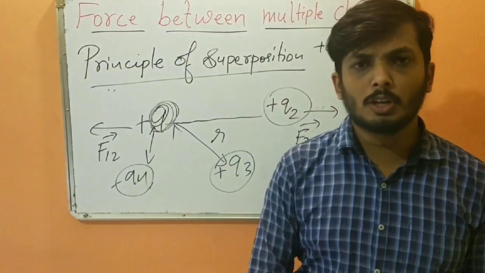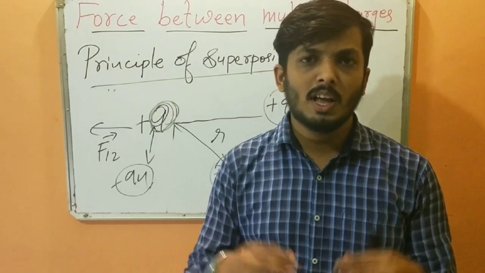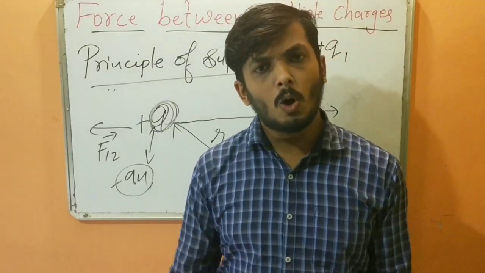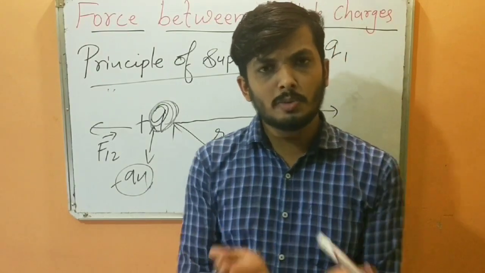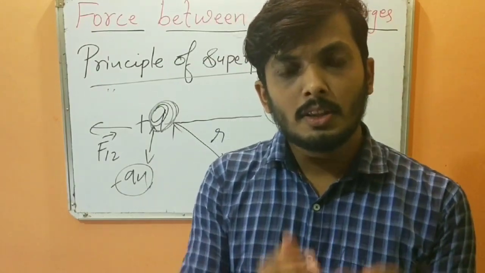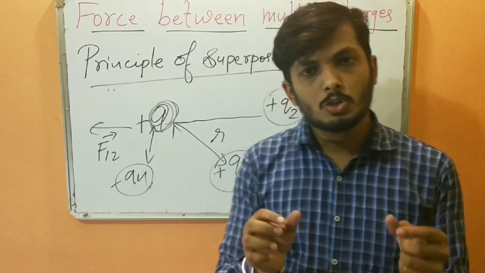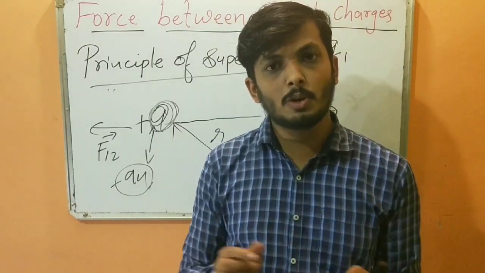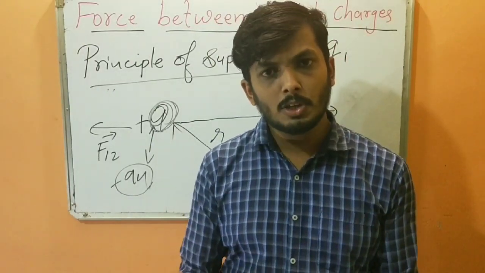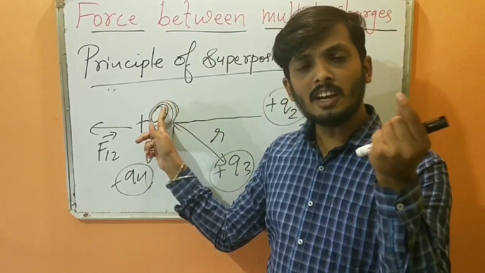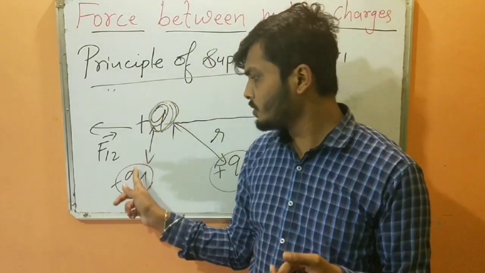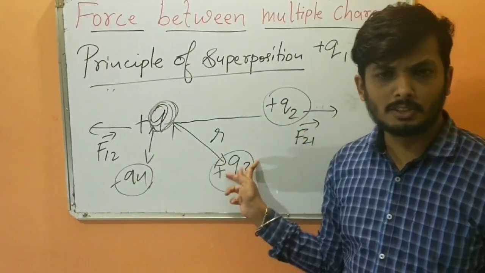Then you take the help of a third person, a fourth person, a fifth person. At a certain point of time, all together can easily lift that stone. Why is that stone lifted? Because the net force acting on that stone has increased. Why has it increased? Because of so many people. Similarly, the net force on this charge has been enhanced. Why has it been enhanced? Because of the number of other charges.